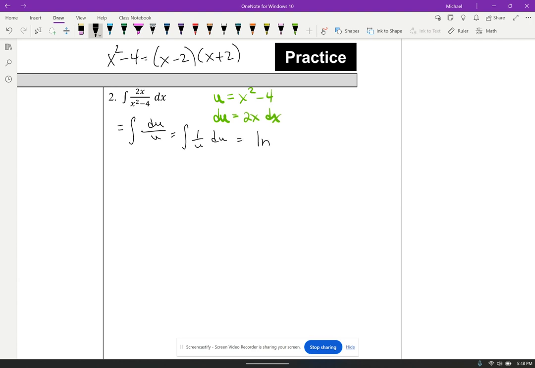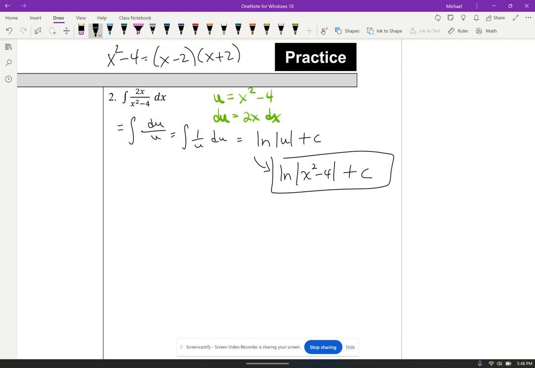This would be the natural log of the absolute value of u plus c. Then we can go back to x's and say the natural log of the absolute value of x squared minus 4 plus c, and this would be my answer. So there really wouldn't be a reason for me to do partial fraction decomposition to figure out the antiderivative. I can use u substitution to do that.